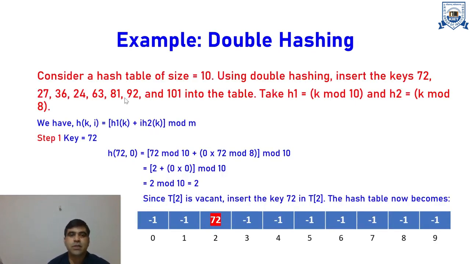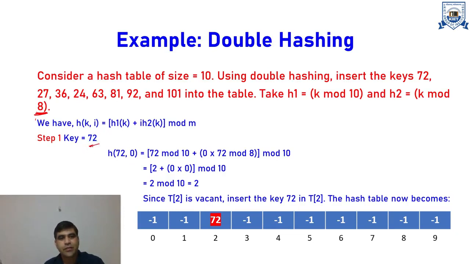Now consider this case. These are the given keys using double hashing, and h1 is k mod 10, h2 is k mod 8. Why is it 8? Because m is 10 and m' is less than m, right? So our formula is this.